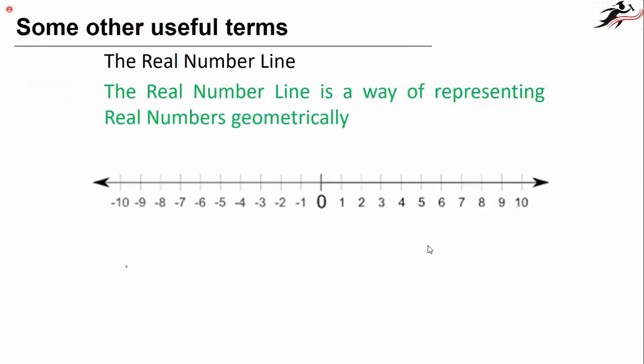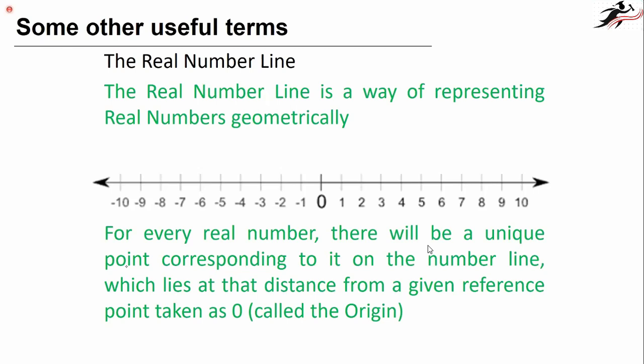0 is my point of reference. So from that origin, whatever is the distance of my point, that is considered to denote that point. Example, I'll give you an example. Say I want to find a point which is at a distance of 5 units from the origin.